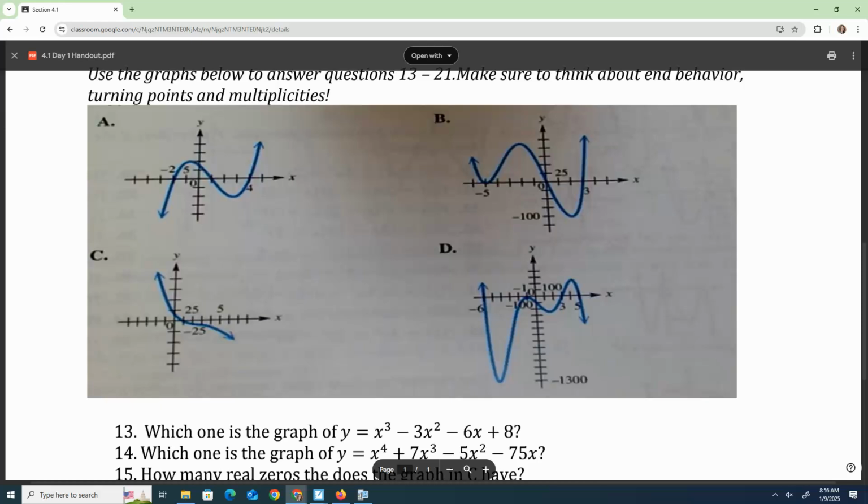And the very last thing we wrote down, but we didn't go into a lot of detail, is what causes a graph to bounce at a zero? An even multiplicity. Okay, so if my graph hits the x-axis at -5, that means when I plug -5 into my equation, it equals 0.